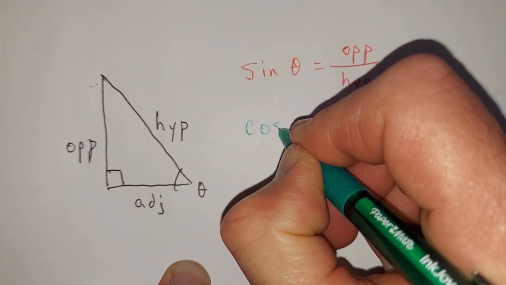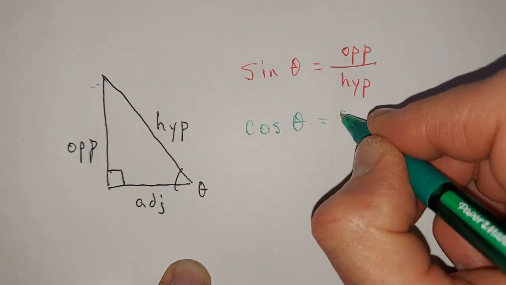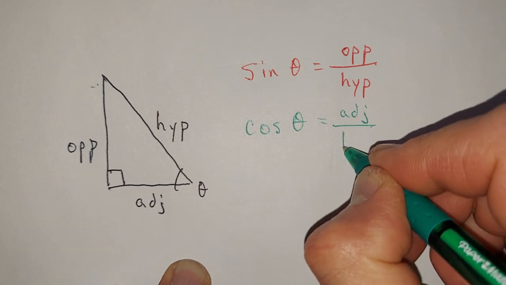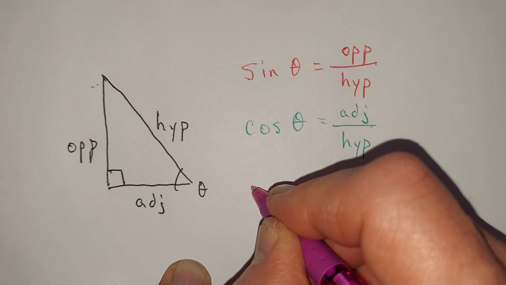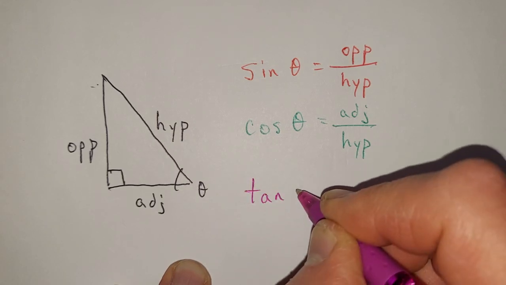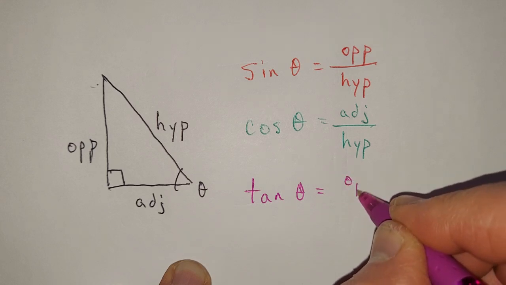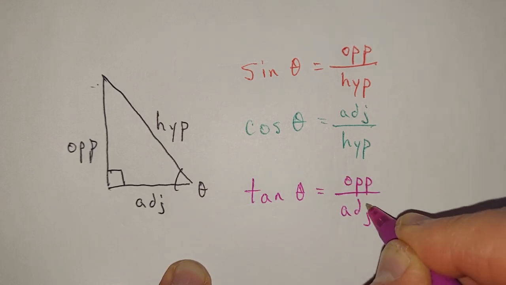The cosine of theta is equal to the length of the adjacent side divided by the length of the hypotenuse. And the tangent of theta is equal to the opposite side divided by the adjacent side.